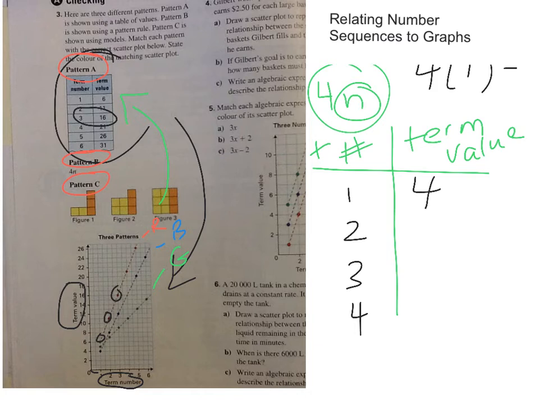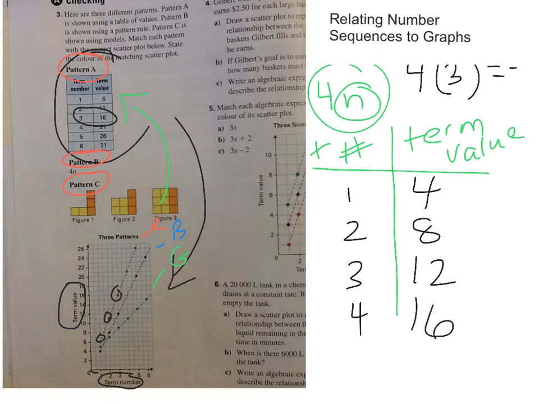For the second term, if we substitute n for 2, it would be 4 times 2, which would be 8. For the third term, we substitute 3 for n: 4 times 3, 12. And lastly, for the fourth term number, 4 times 4 is 16.